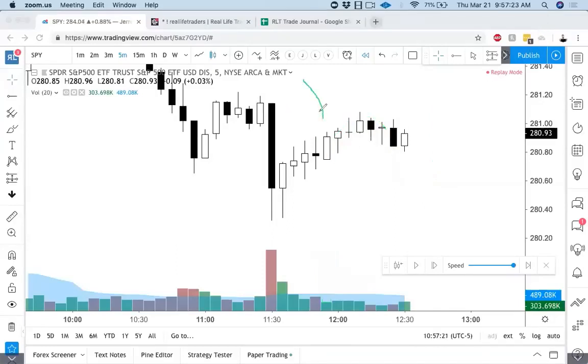So on this candle, even though its volume is not higher than the previous bearish volume, those previous bearish traders are trapped because this bullish candle closes above the bearish candle. So from this candle, I would now be looking for a bullish trade on SPY, from that candle on.